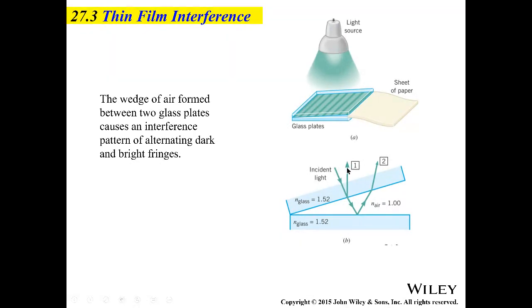So you have one beam that was reflected over here and came back out, and another one that went through, and you notice when it went through, it gets bent away from the normal because this is dense. Air is a very light medium, so it got bent away, and then it got reflected over here by this glass, and it came back through the glass.